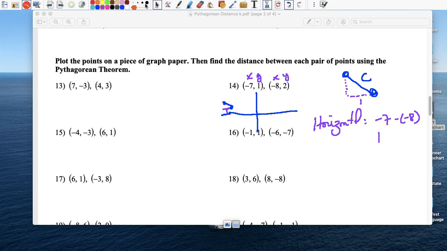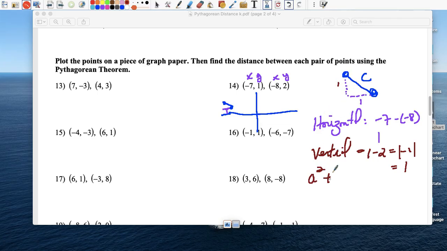The vertical is up and down, so to find your vertical, you're going to subtract the y values. So you're going to do 1 minus 2. Notice that in this case, you got negative 1. We're going to take the absolute value of that, and the height is also 1. So we have a triangle where the two legs are 1 each.